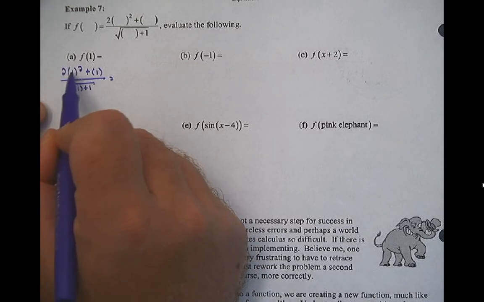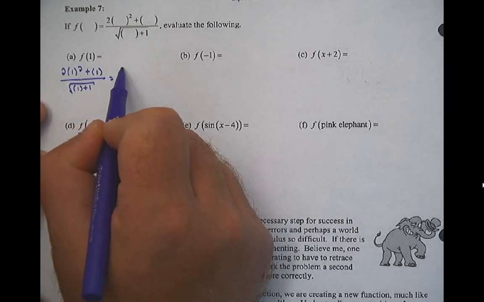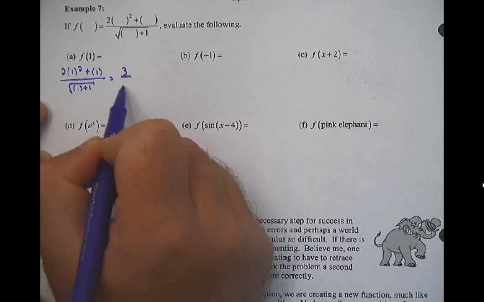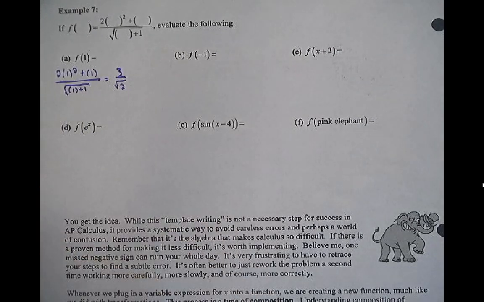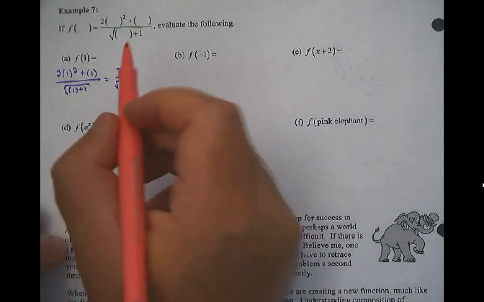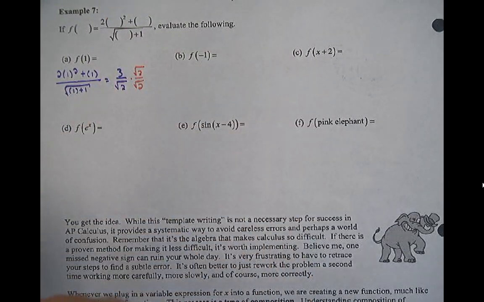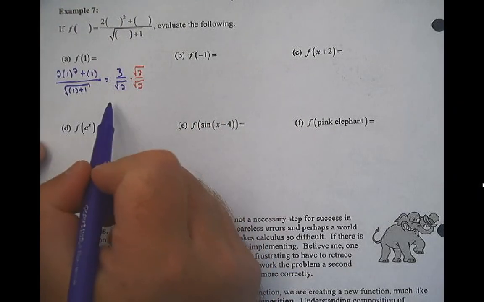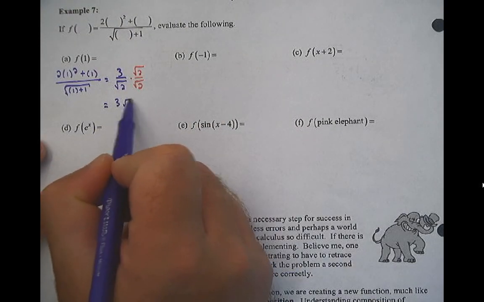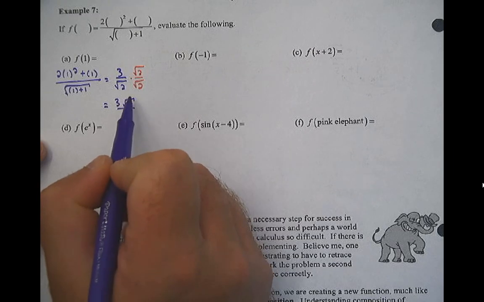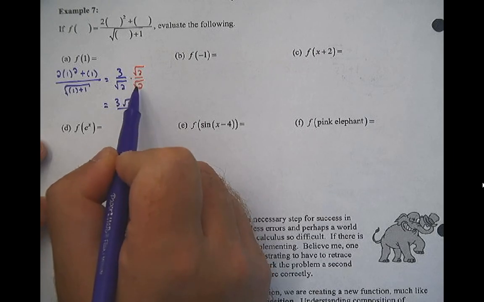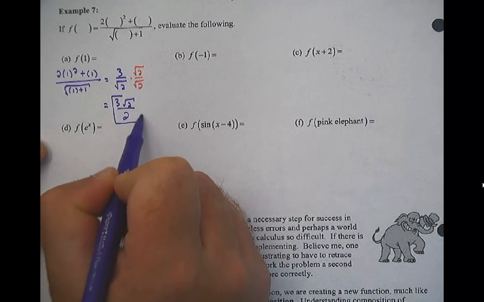That's 1 squared is 1, times 2 is 2, 2 plus 1 is 3. 1 plus 1 is 2, square root. Bad news, square root on the bottom. So we would rationalize this, root 2 over root 2. And I would get a cleaned up answer of 3 root 2 over 2, because root 2 times root 2 is root 4, which turns it back into a 2.